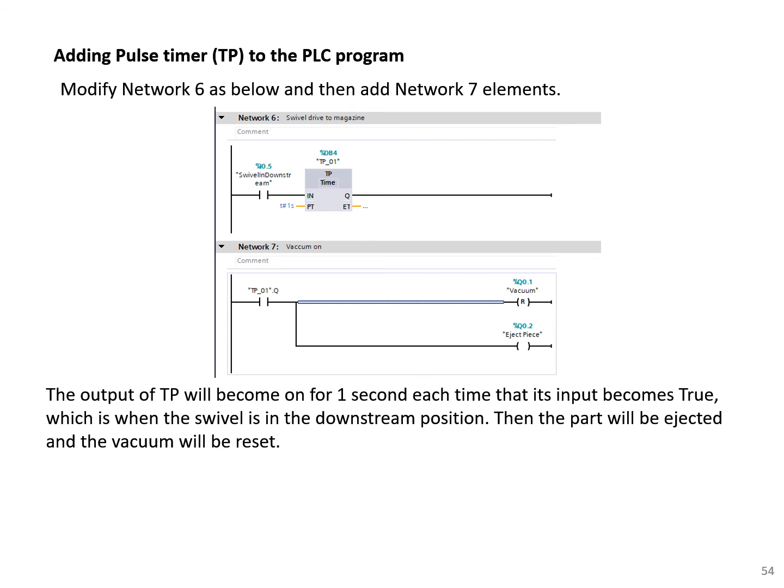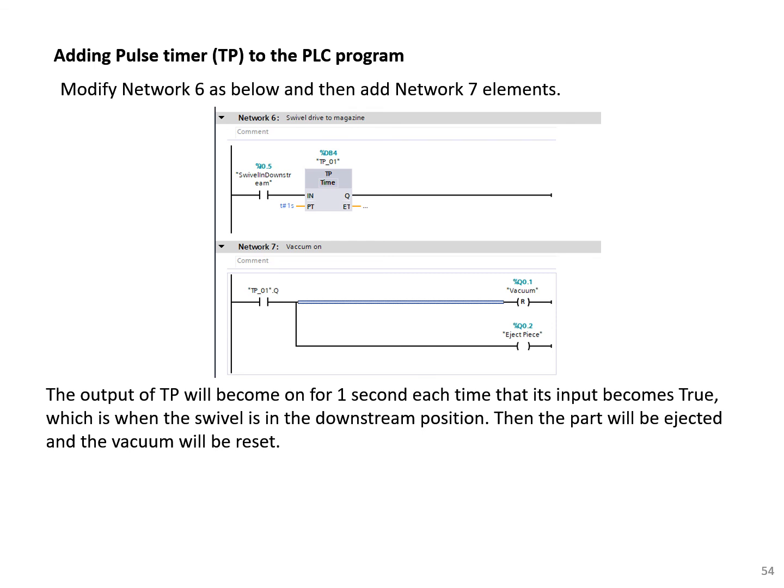So we are using the down bit of the TP timer to reset the vacuum, because we need to first reset the vacuum. We have that suction cup, that vacuum should be off, plus at the same time we need to eject the piece. So we need to first turn off the vacuum, then we need to blow out air to release the part from the suction cup.